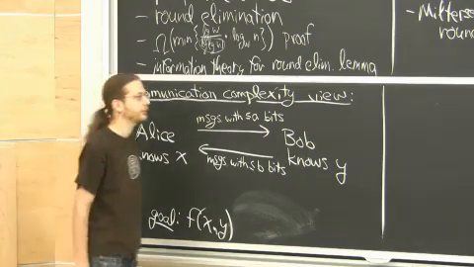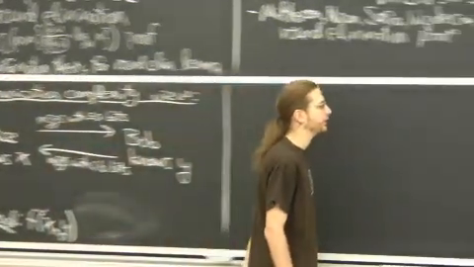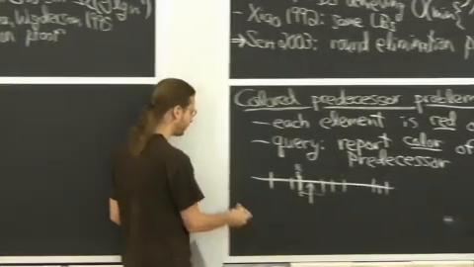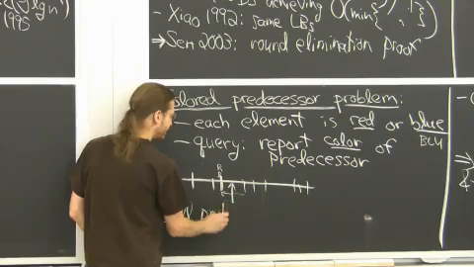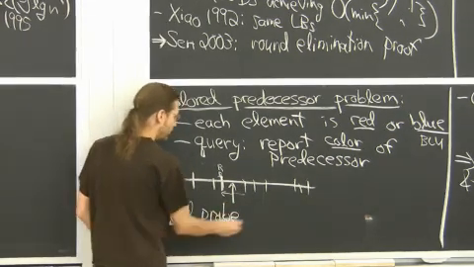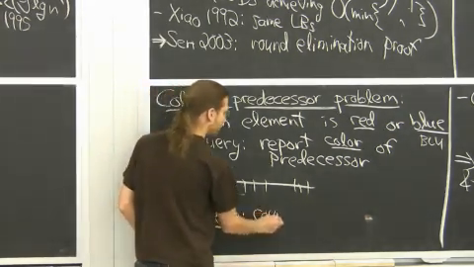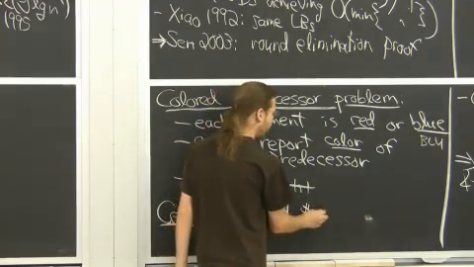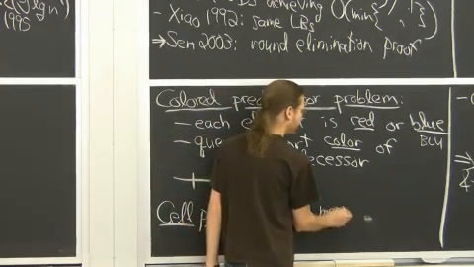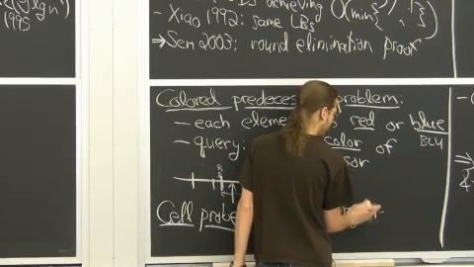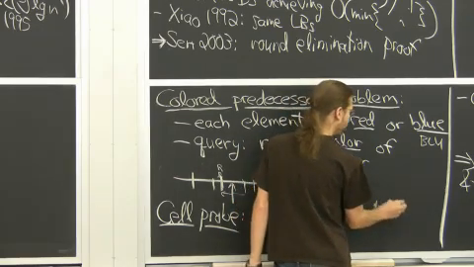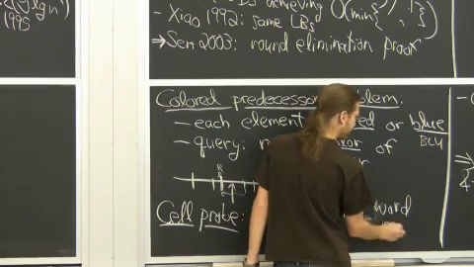How does this relate to colored predecessor? Remember also there's the model of computation, which I should mention, the cell probe model. In the cell probe model, because it's a static data structure that we don't really change, we just count the number of memory word reads.